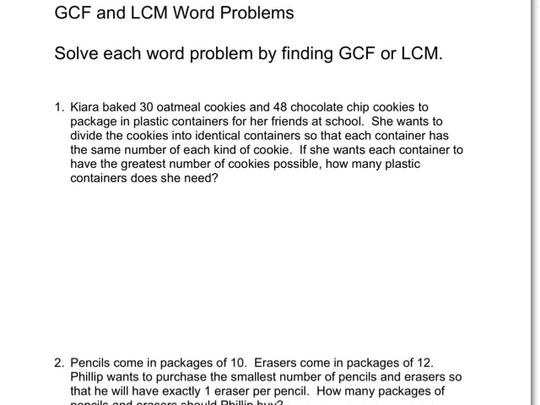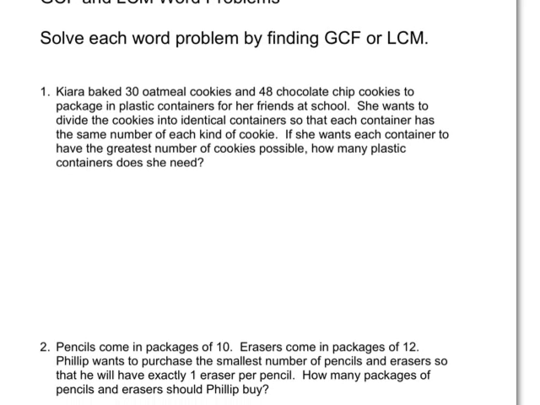The first question says, Kiara baked 30 oatmeal cookies and 48 chocolate chip cookies to package in plastic containers for her friends at school. She wants to divide the cookies into identical containers. So that's really important here.